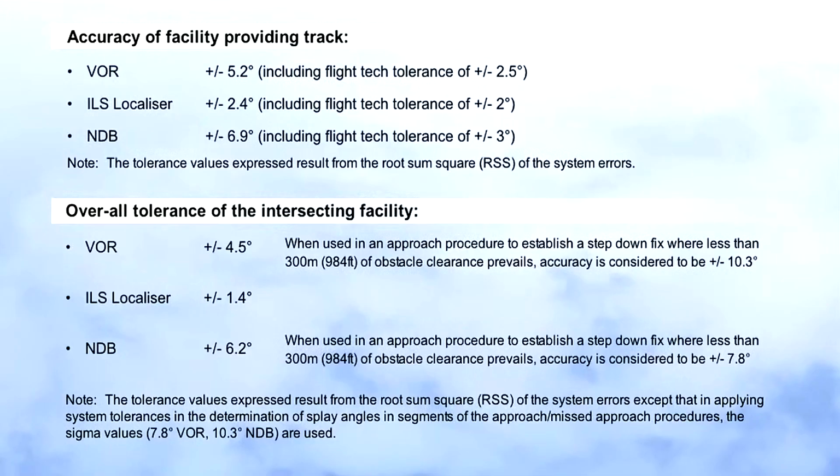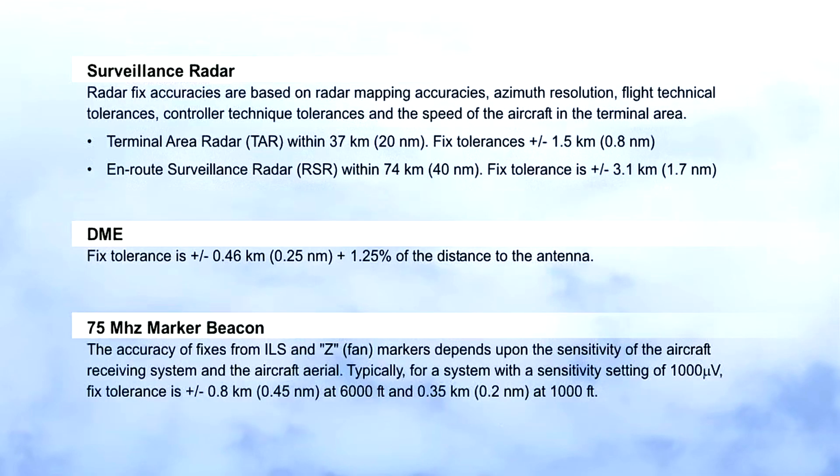The dimensions of this intersection fix area are determined by the accuracy of the systems that provide the information to define the fix. Fixes are defined by ground station tolerance, airborne receiving system tolerance, flight technical tolerance, how accurately you can fly, and distance from the facility.